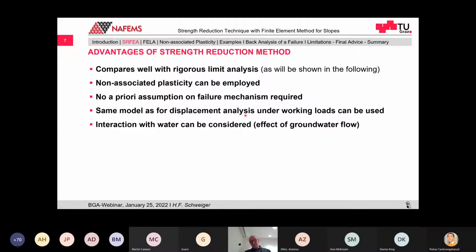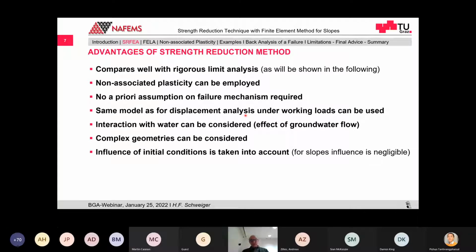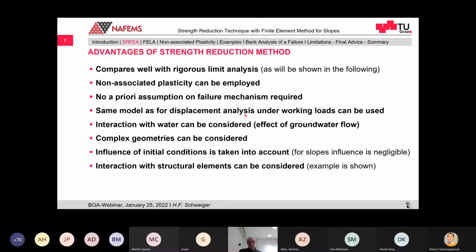Now, there's also the nice thing that, as with normal finite elements, of course, you can interact with the water. You can have very complex geometries, so that's not really the topic of today, but you can do that. You have the influence of the initial conditions taken into account. Now, again, for simple slopes, this influence is negligible. And you can also have an interaction with structural elements.